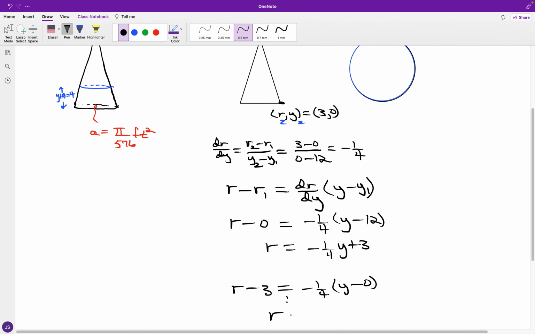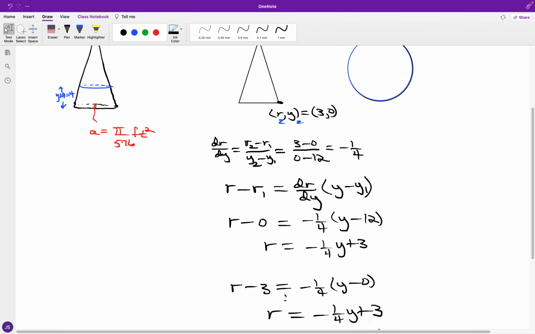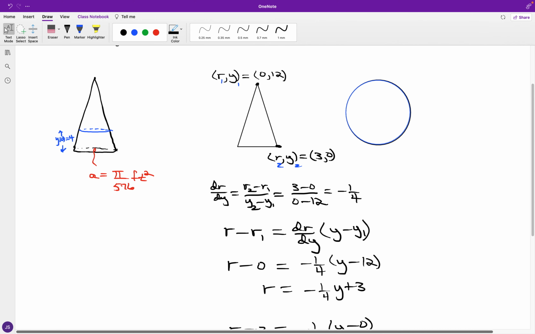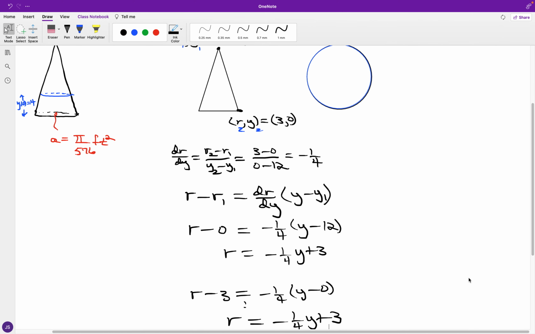It still comes out to the same expression: r is equal to negative 1/4 of y followed by the addition of 3. And this will be carried over in the determination of the cross-sectional pattern.